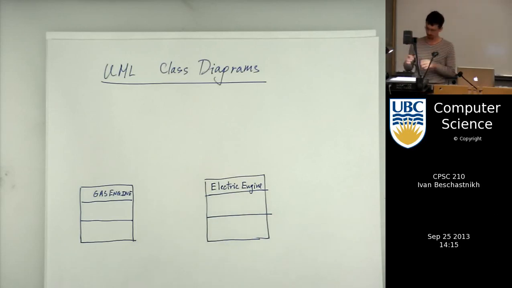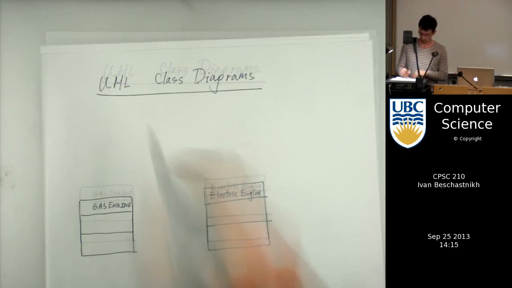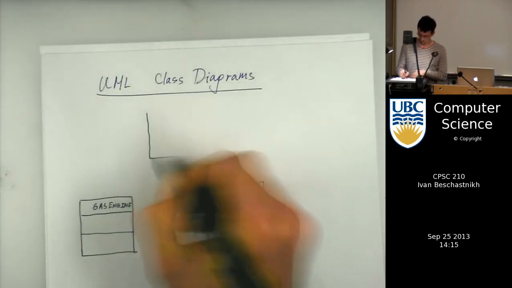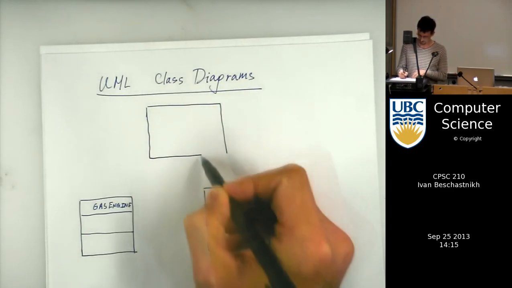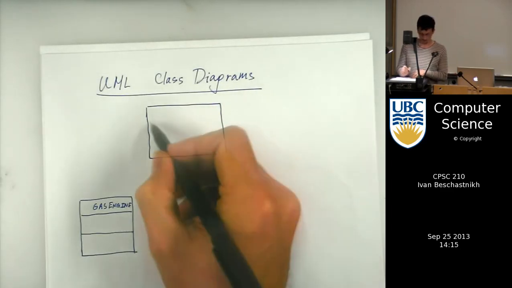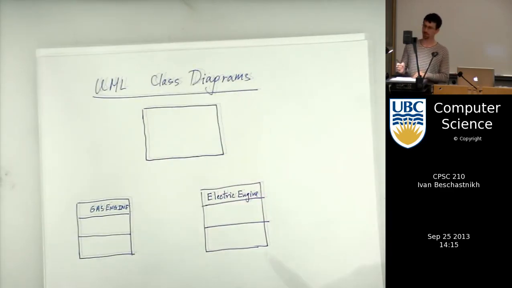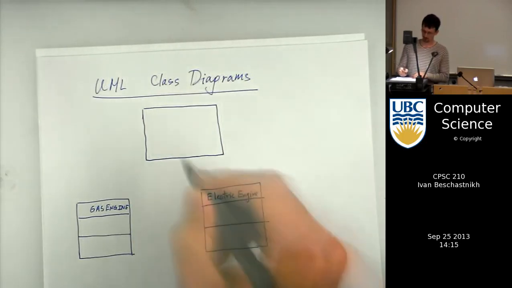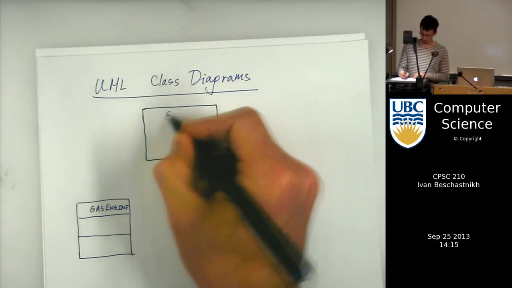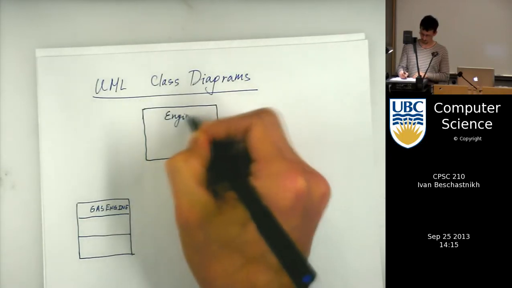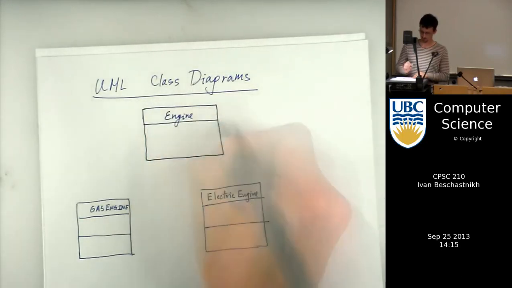Now, in the UML class diagram, you can actually represent interfaces as well, not just classes. So what you would do is draw another box, and this box would be for the engine interface. The way you know that it's an interface and not a class is that you're going to use cursive to write the name of the engine.